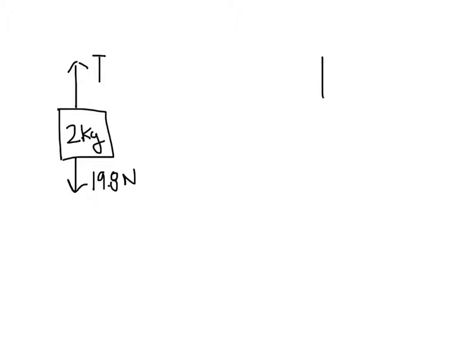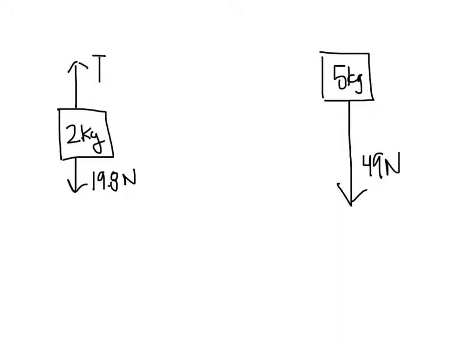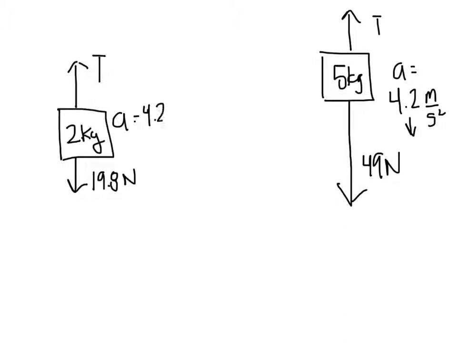And over here, we have the 5 kilogram mass. We know it's going to accelerate downwards, so the 49 newtons should be more than the tension upward. And we know acceleration is 4.2 meters per second squared in the downward direction, and over here it is 4.2 meters per second squared in the upward direction. They have to accelerate at the same rate if they're attached with the string.